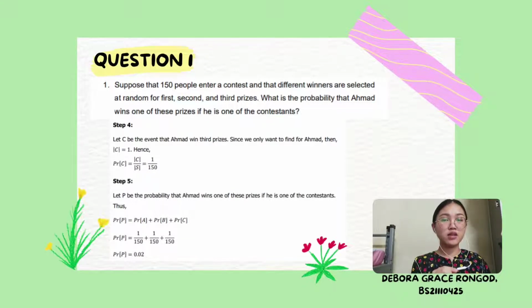Therefore, the probability of A, probability of B, and probability of C is equal to 1 over 150. So we will let P be the probability that Ahmad wins one of these prizes if he is one of the contestants. Thus, we will total up the probability of A plus probability of B plus probability of C, and therefore the probability P will be 0.02.